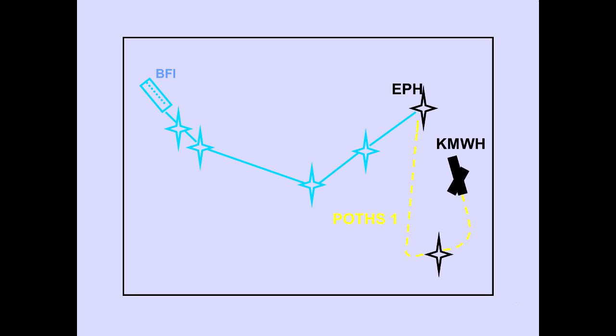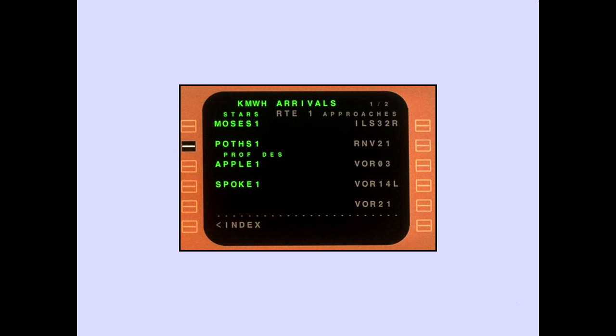Let's now discuss how to enter instrument arrivals. In this example, a Potholes 1 arrival to Moses Lake Airport with a transition from EPH. Stars and profile descents can be selected on the left side of the page.